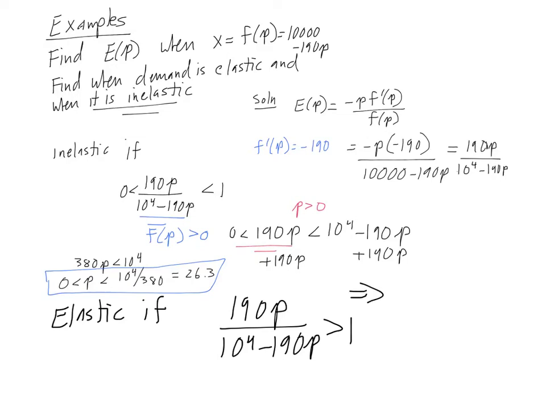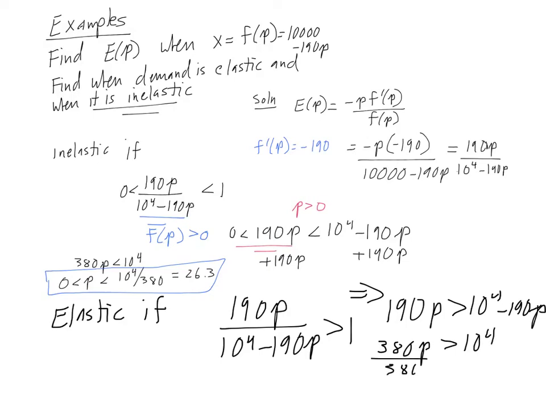We multiply both sides by the denominator. We end up with this inequality. We add and then we divide by 380 and we collect up.